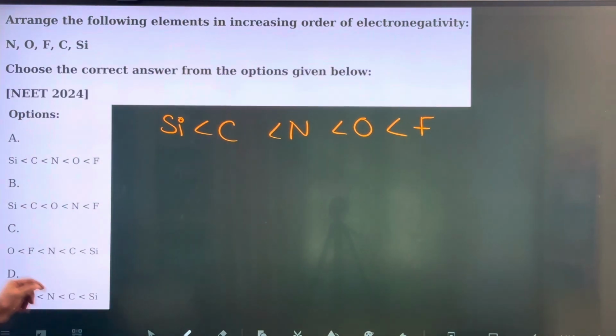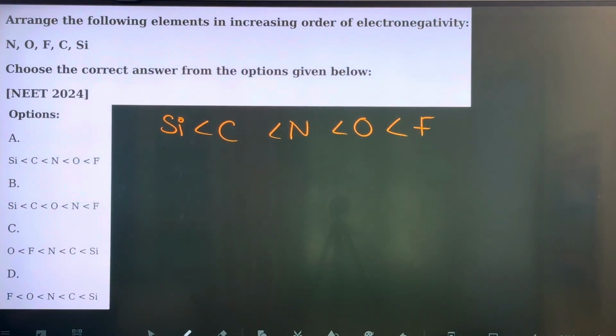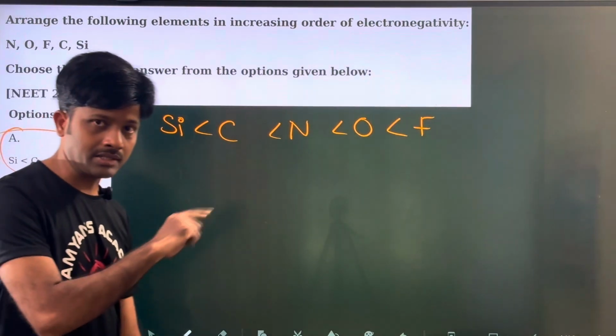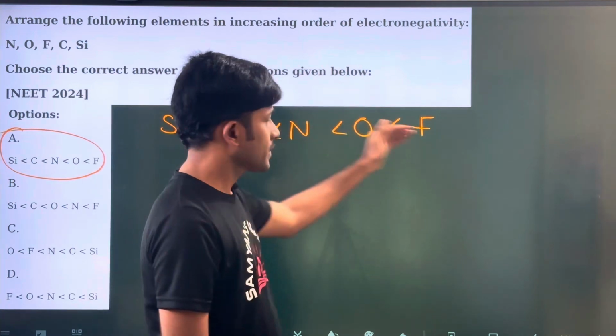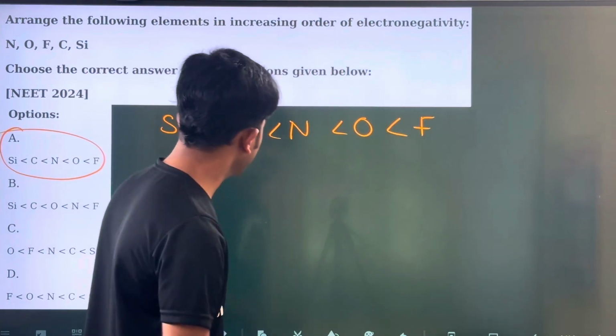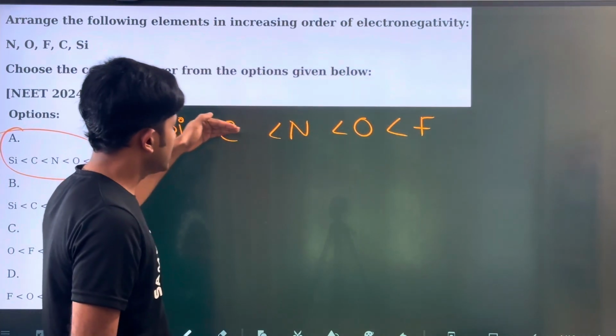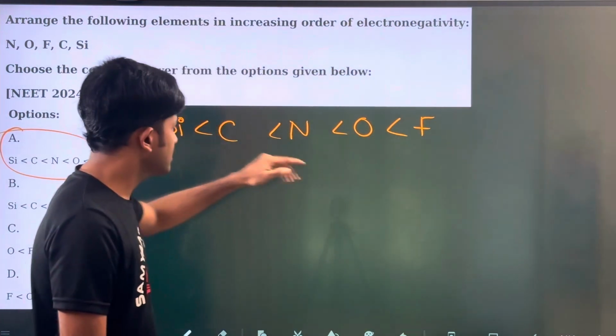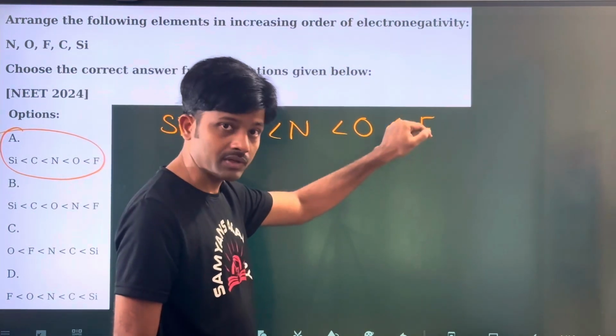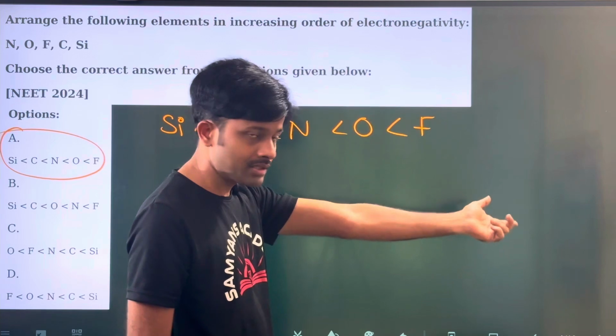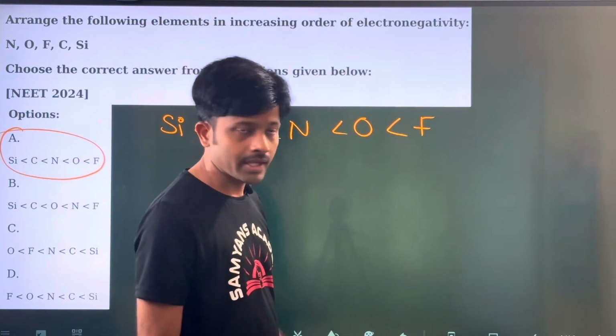Now which one is matching your answer? Your answer A is matching. Is it clear, everyone? Across the period, size decreases; you arrange the elements by their atomic number, in groups and periods. What happens here? Across the period, size decreases, nuclear attraction forces on bonded electrons increase, so electronegativity also increases.